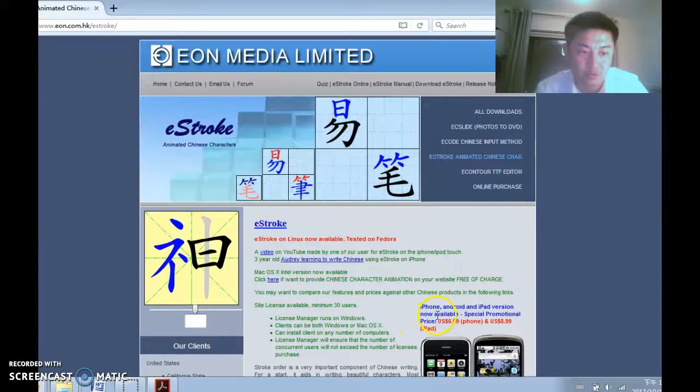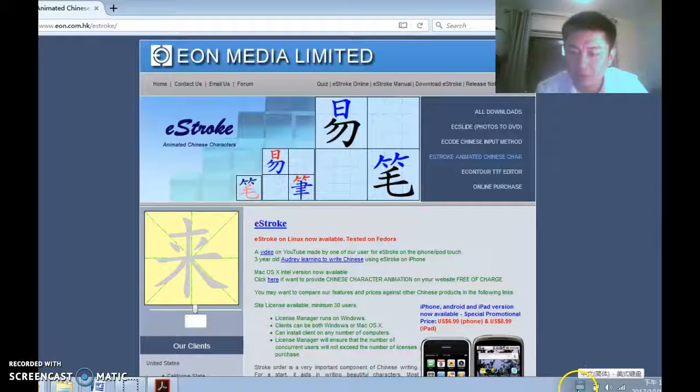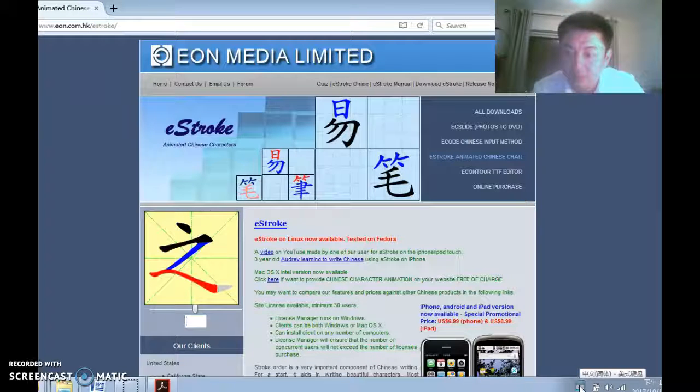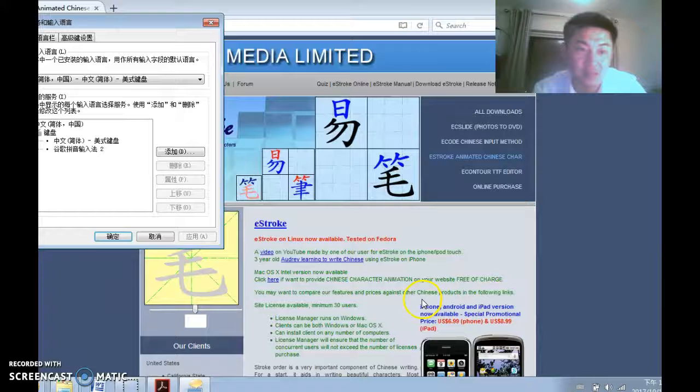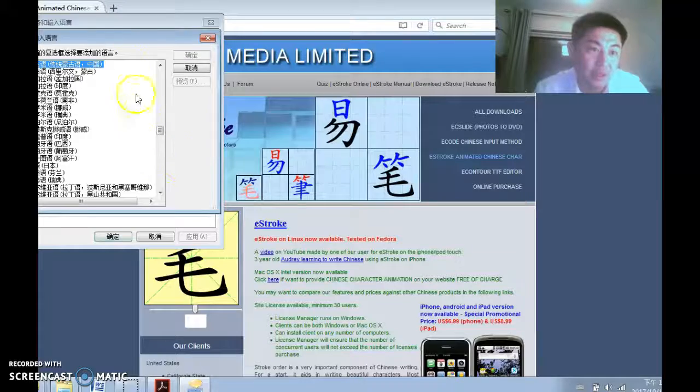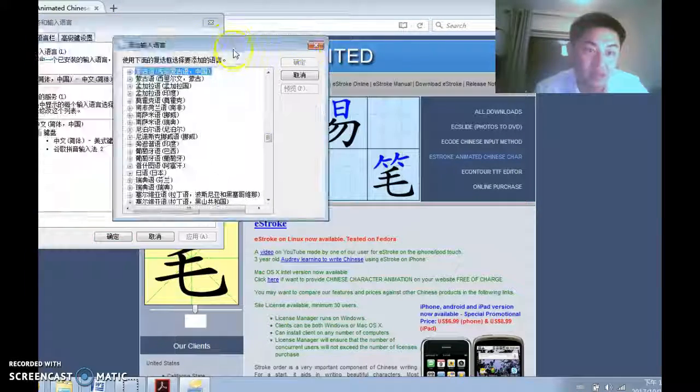In order to type it, you need to go to your keyboard, the little icon at the bottom of the screen, and right click it. Then, this is Chinese, but click this, it's settings. Click the settings, and this is add, right? What do you add? Add Chinese.